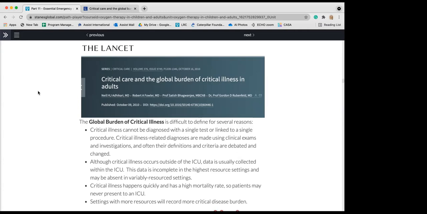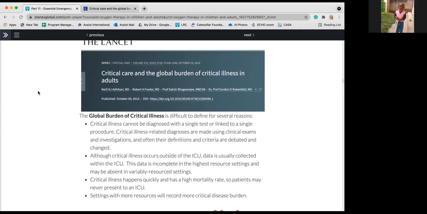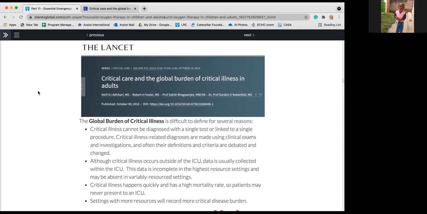So this is one challenge where the definition of critical illness is based, that they are saying critical illness is not diagnosed with a single test.